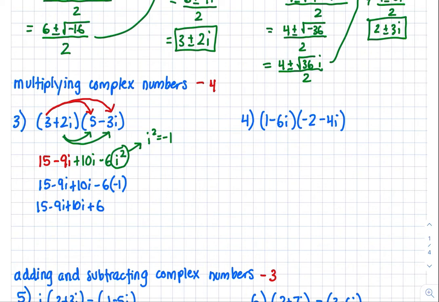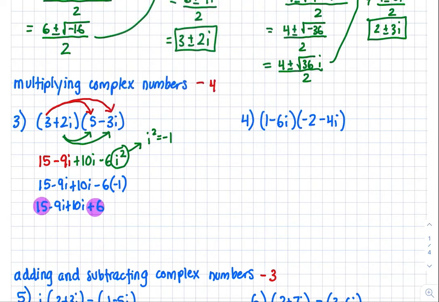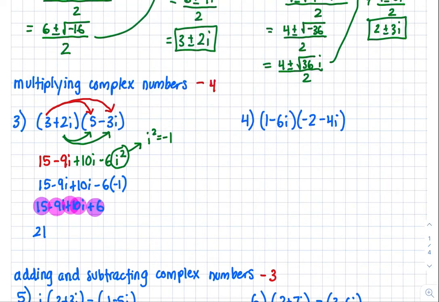Now we can just combine like terms. 15 plus 6, those are like terms, so 21. And these two are like terms. So that's i. Negative 9i plus 10i, i.